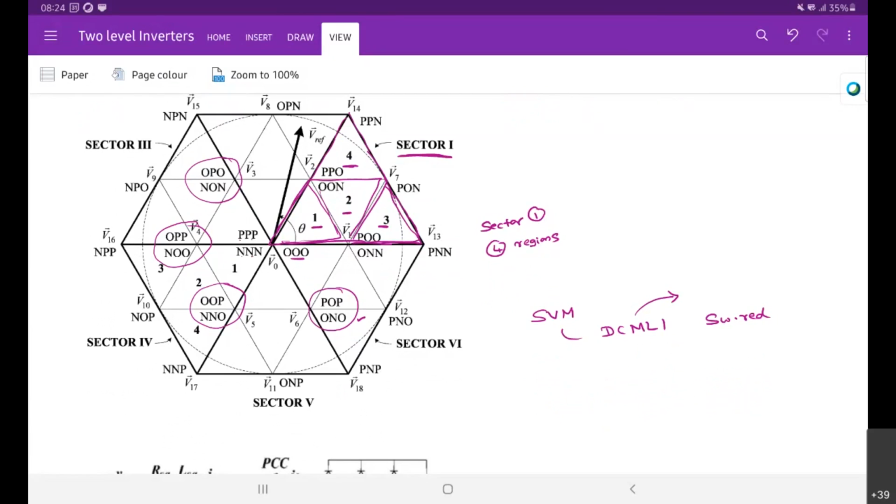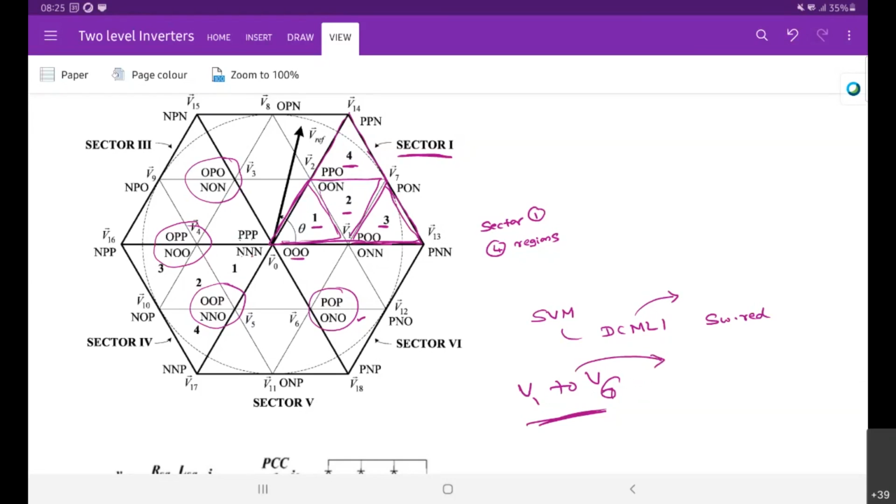We placed all those vectors, V1 to V6, and there are 2 switching states, P type and N type.